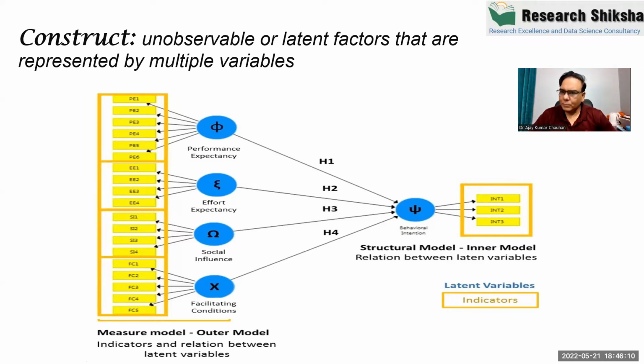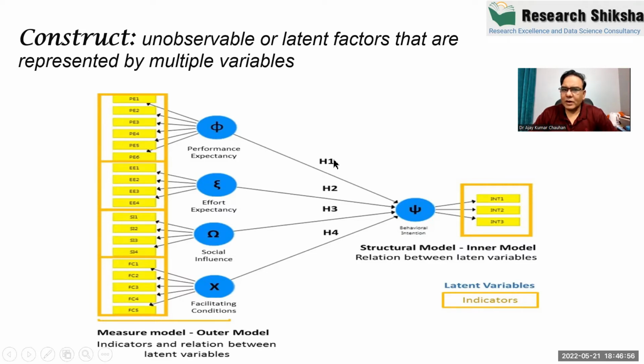First, the arrows which join the blue circles, or in simple language, the arrows which are joining the constructs. They emerge from one construct and join the other constructs. These are the long arrows, and this section between the blue circles is known as the inner model.